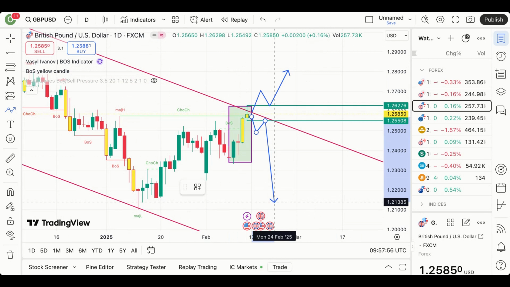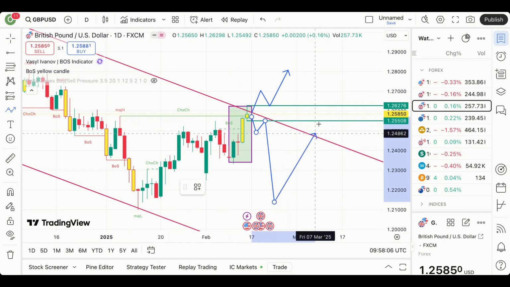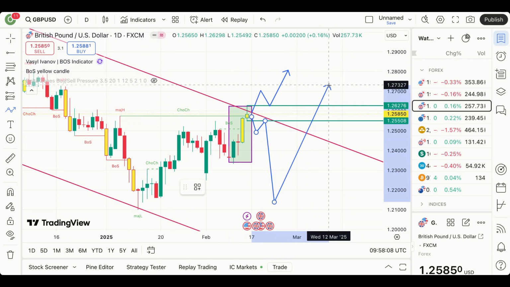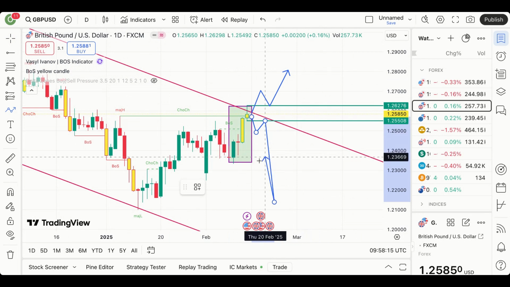It could start trading downward, but however, it could change pattern here. It could just range at this area and break upside and start trending upward.